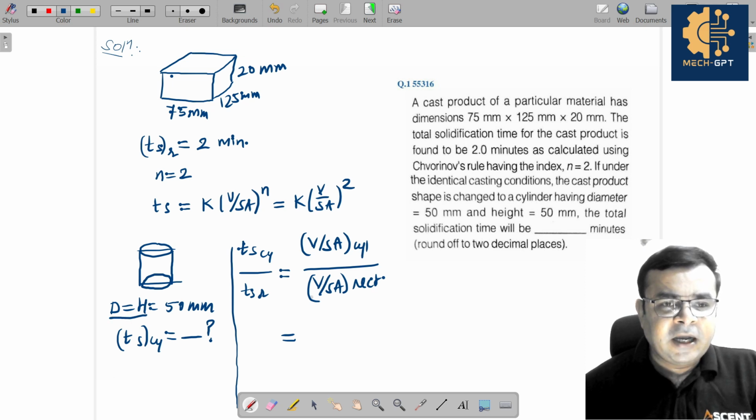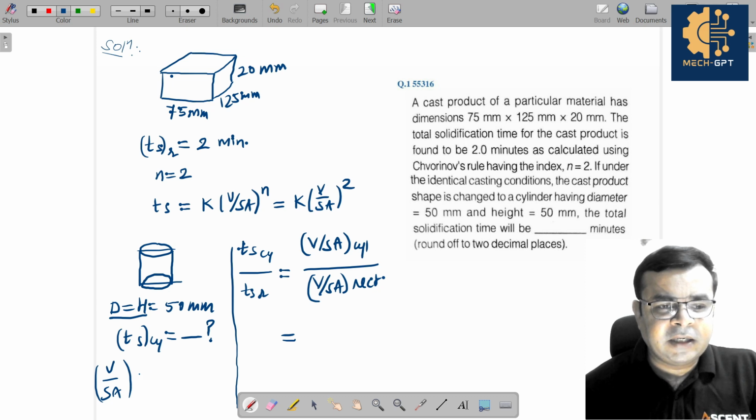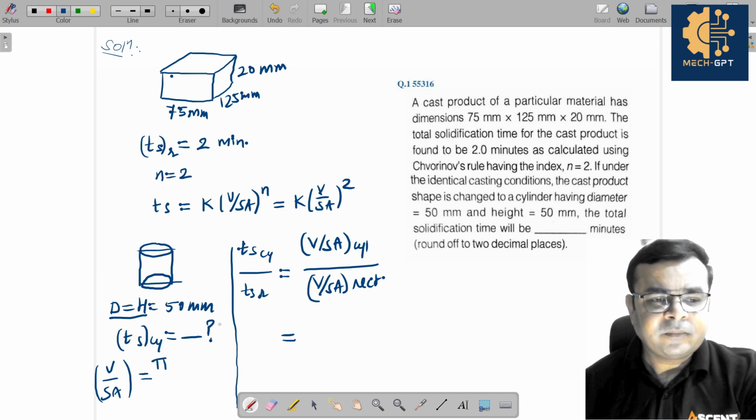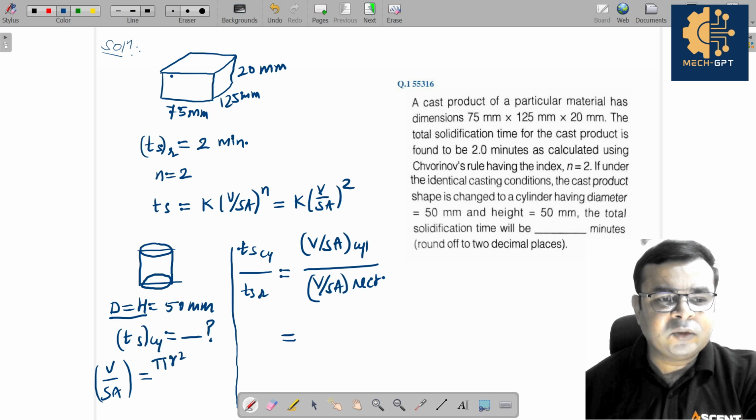So if I write V by SA, now you can see here the diameter and height remain the same, and when you write V by SA of cylinder, the volume of the cylinder is nothing but pi r square into h, over the surface area.